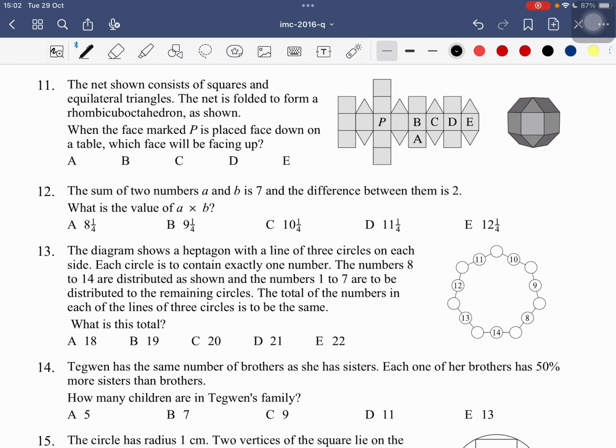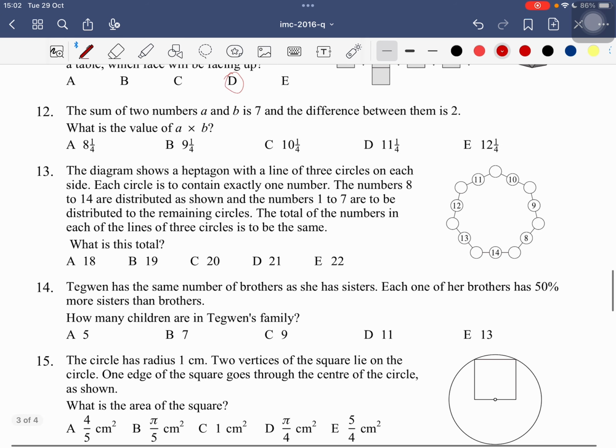So when P is here, those are the net of these lateral faces, and we have 1, 2, 3, 4, 5, 6, 7, 8. So the opposite of P is here, 1, 2, 3. D is here, 1, 2, 3. So the opposite of P will be D.